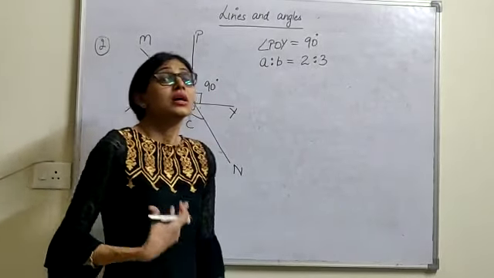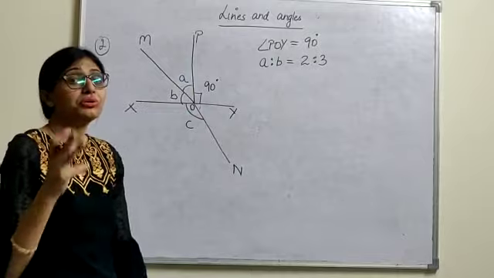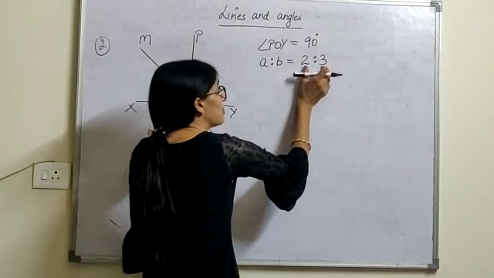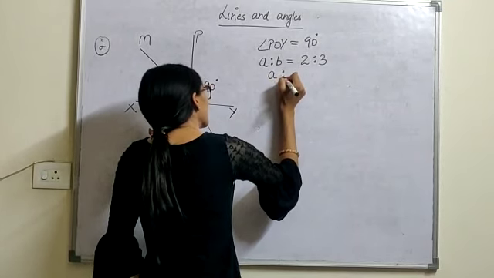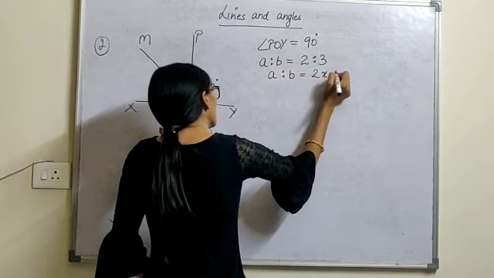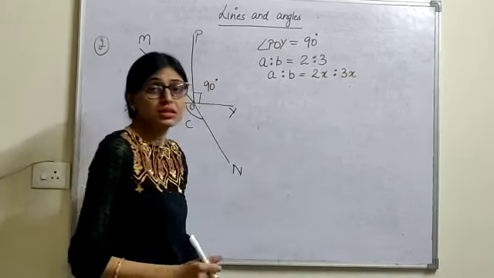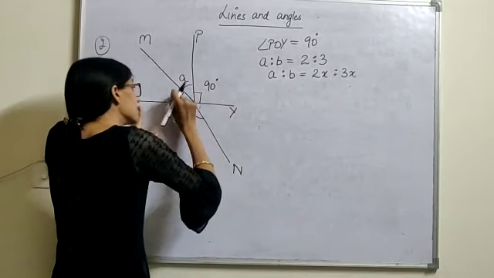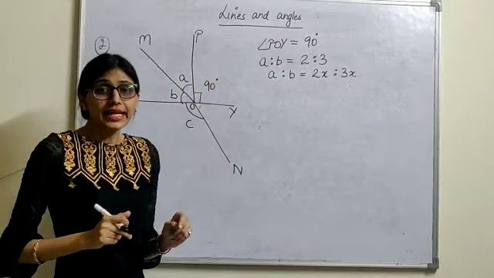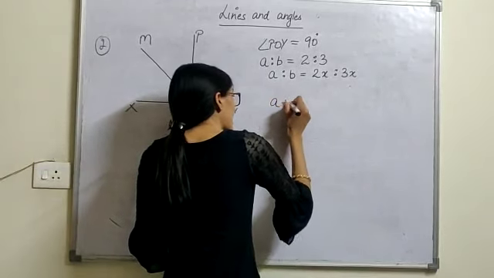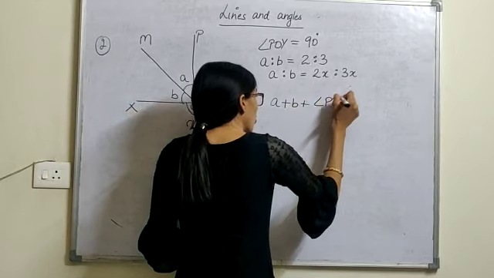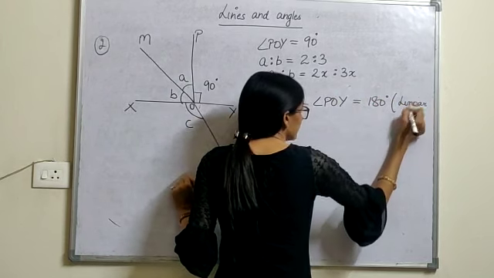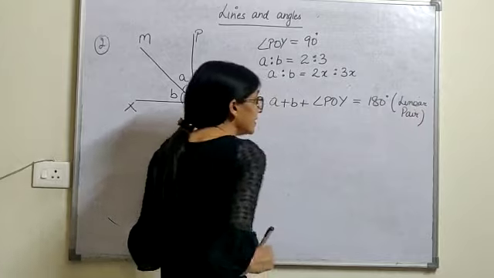Whenever a number is given as a ratio, you have to convert the ratio with x. We always convert the ratio part to x. So we can write 2x, 3x. Now, I told you that on a straight line, the sum of angles is 180 degrees. That means A plus B plus angle POY equals 180 degrees, a linear pair, because they are on a straight line.